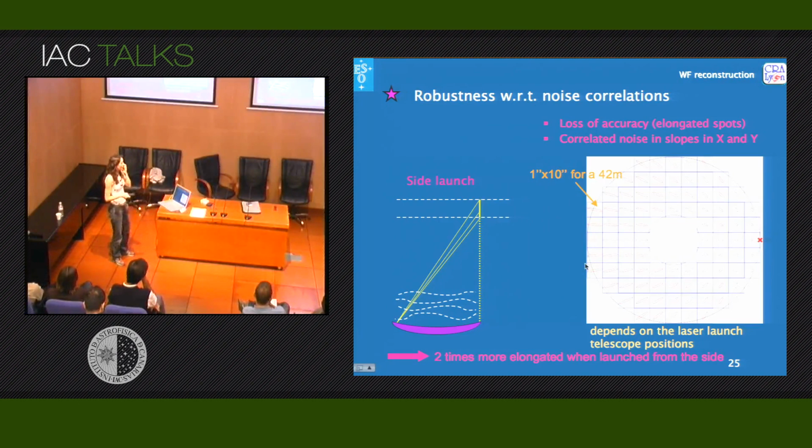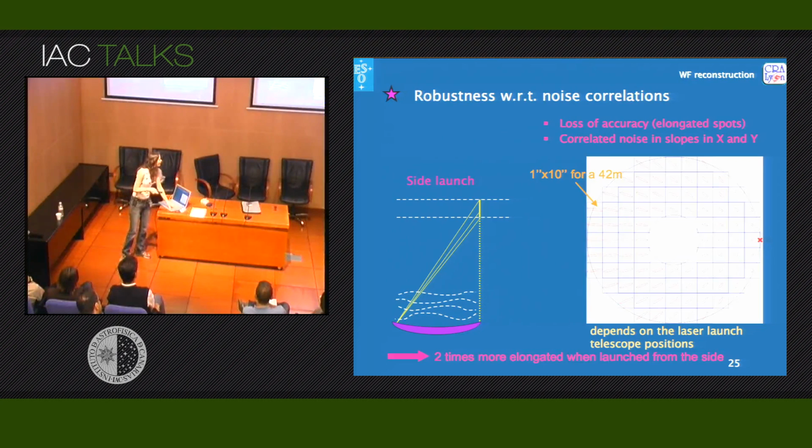Okay. So for this, it has been shown that the usual reconstructor considers that the noise is isotropic, uniformly spread over the data, and also that the same noise is applied on the x gradient and on the y gradient.